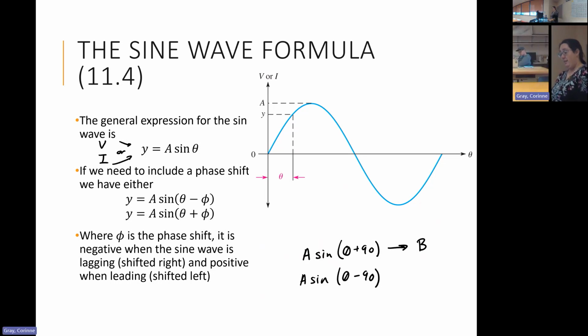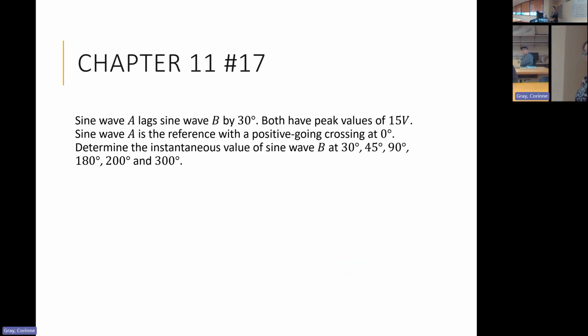Are you guys ready for an example for writing out this equation? We are going to try 17 here. The general way you see the equation represented in a lot of places is A sine theta minus or plus 5, typically. It's the most general way that this represents all of it at once.